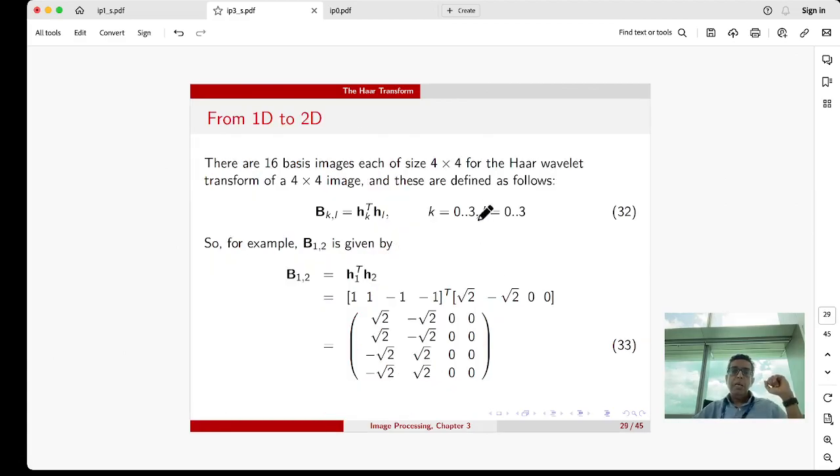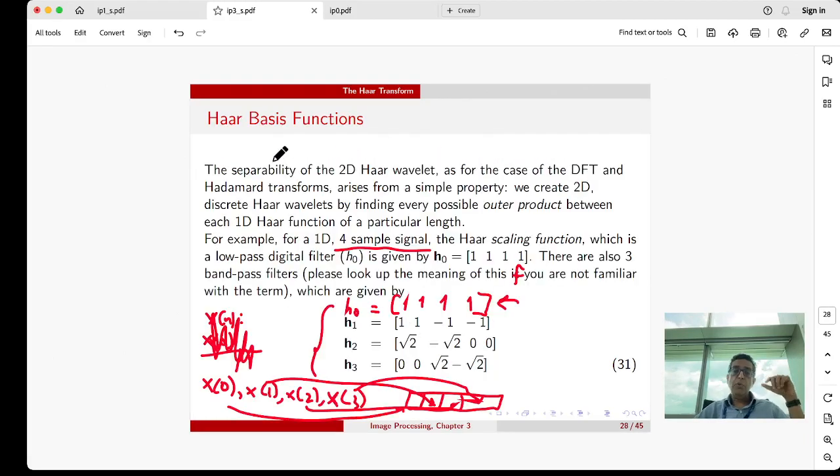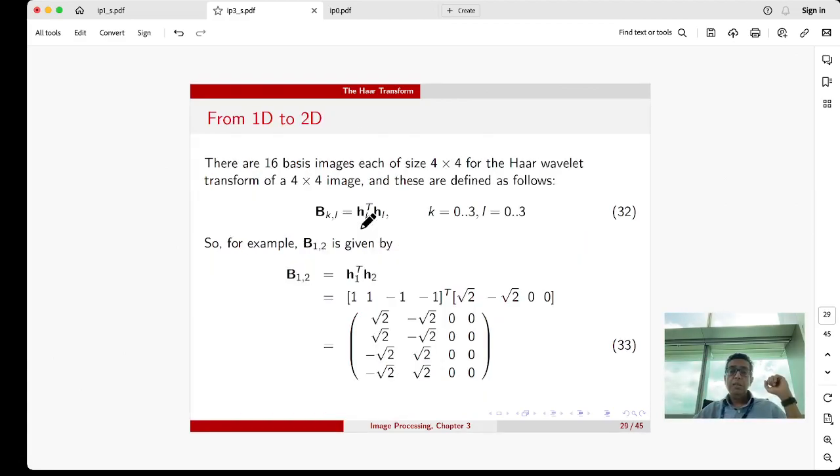Okay. Now, once we've got those four basis signals defined, if you move up from a 4 sampled signal to a 4x4 little image, then you can define the 16 basis images associated with the Haar wavelet transform by taking what's called the outer product between each basis signal and every basis signal, including itself.